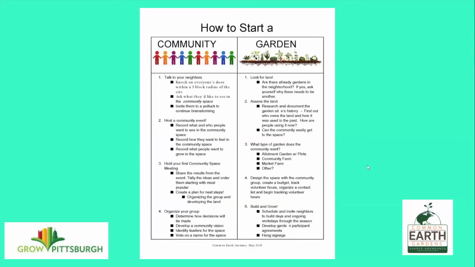You all have access to this handout. I just wanted to point it out really quickly. Community gardens involve a lot of different players. I work a lot in Louisville with a whole consortium of people through the Urban Ag Coalition. And as a collective group here in Louisville, we use this How to Start a Community Garden Guide that was developed by Grow Pittsburgh, whose logo you'll see in one corner, and then Common Earth Gardens, which is a refugee agriculture program in Louisville.